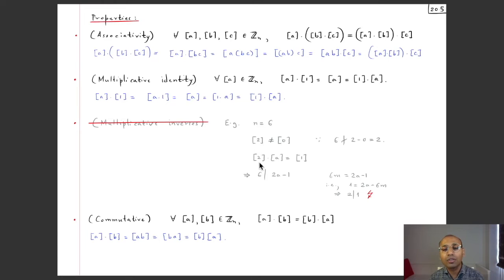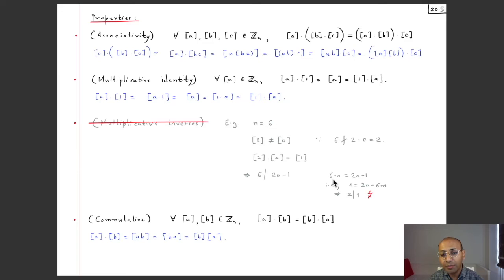Okay, so this is a non-zero element. But if it had a multiplicative inverse, say it's the equivalence class containing this integer A, then the product of these two is equal to the identity element, but that's the same as the equivalence class containing 2A is the equivalence class containing 1, and so 2A is related to 1 modulo 6. In other words, 6 divides 2A minus 1.